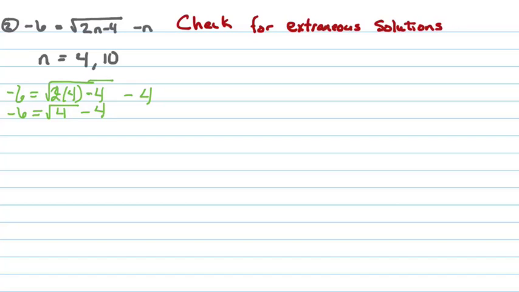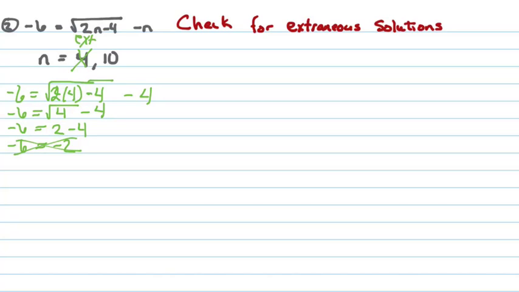And then we're going to take the square root of 4, which is 2, minus 4. Gives me a negative 2. And so that does not equal negative 6. So that's an extraneous solution.